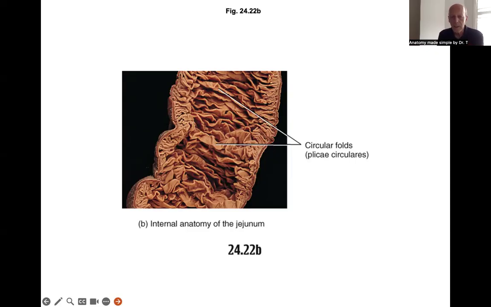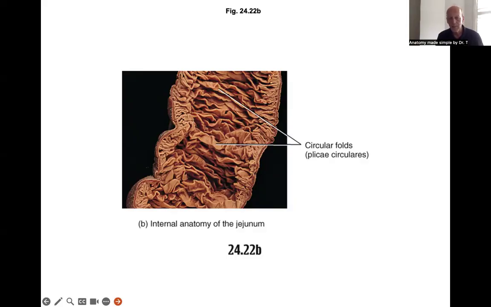Without going into details about how we calculate this, think about the circumference of the small intestine being, let's say, about 10 centimeters, and let's make it 600 centimeters long, or 6 meters. When we multiply these two numbers, we get an area of less than 1 square meter of absorptive surface.